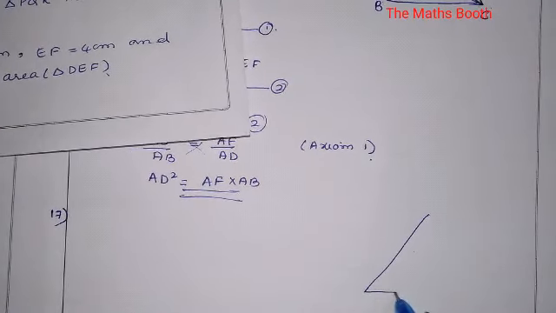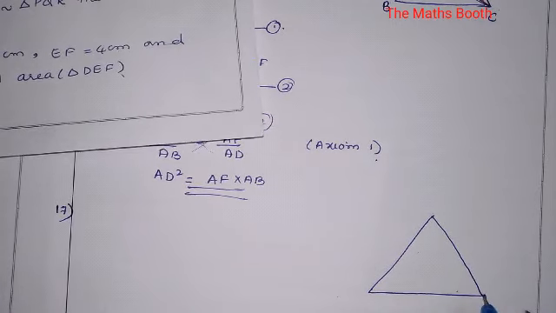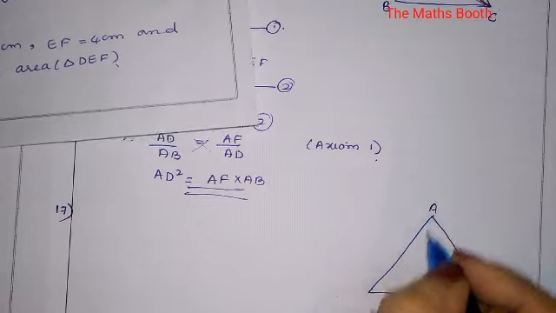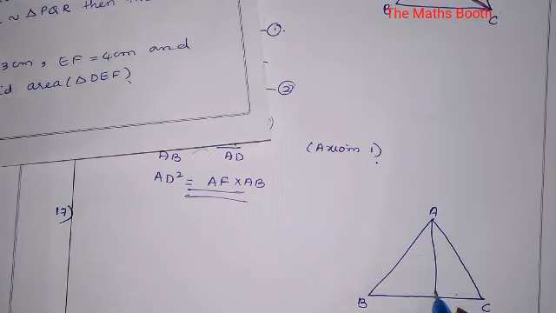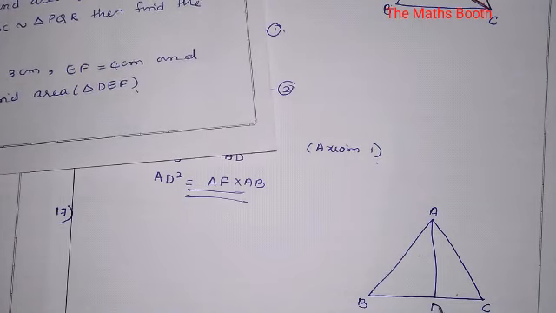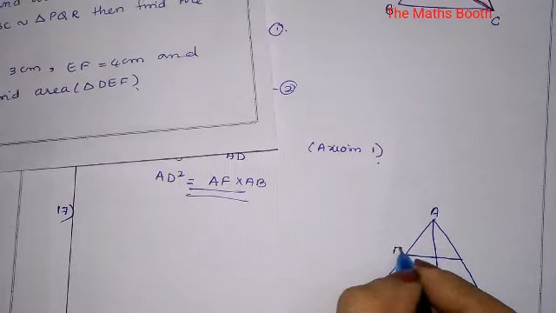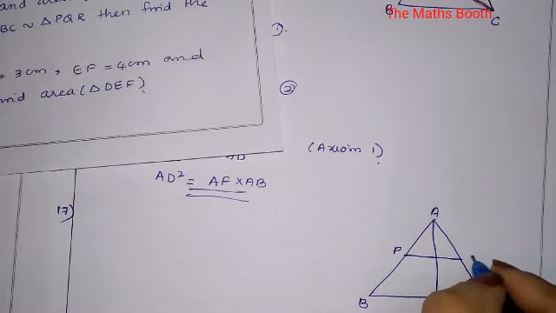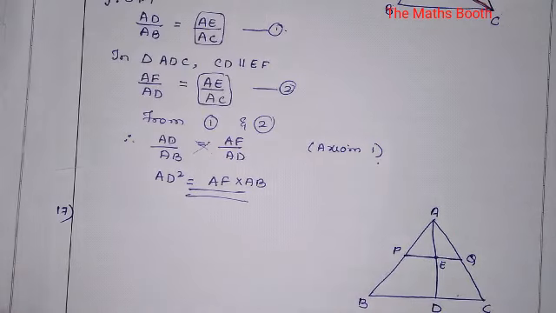What is given in the question? The figure is given. In triangle ABC, AD is a median, and what they have told, PQ parallel to BC. Here it is given E.